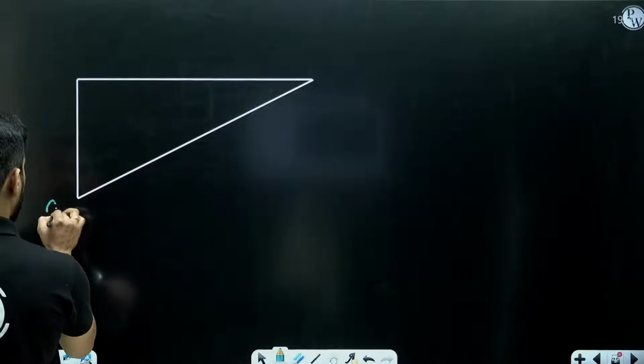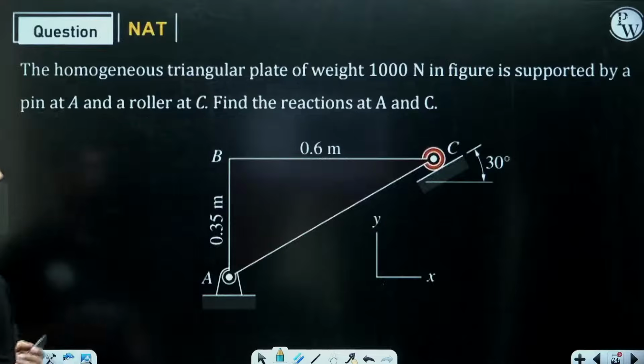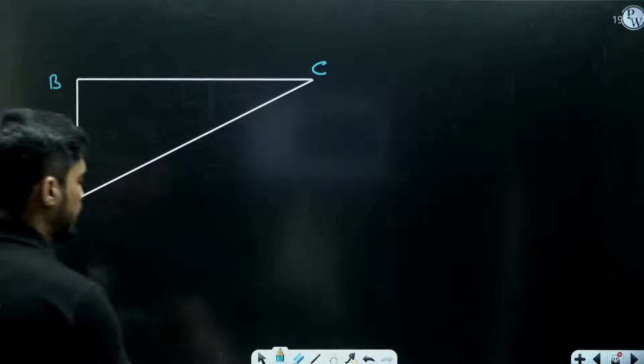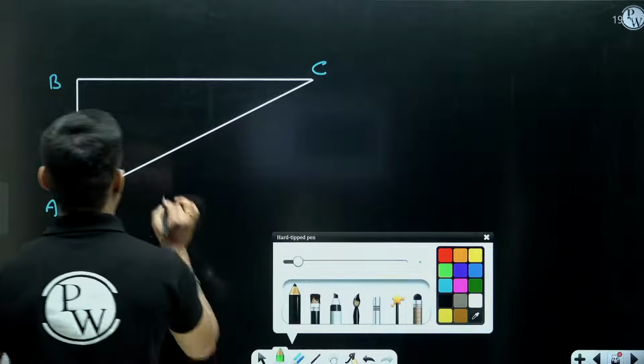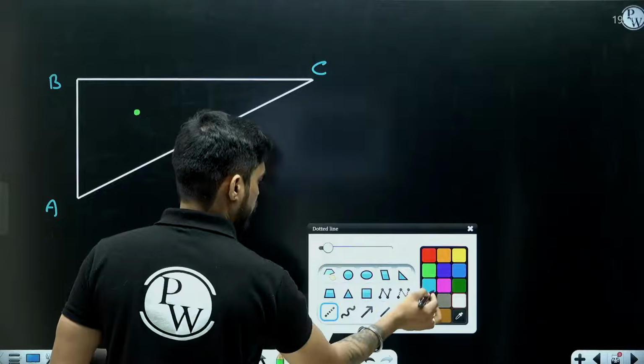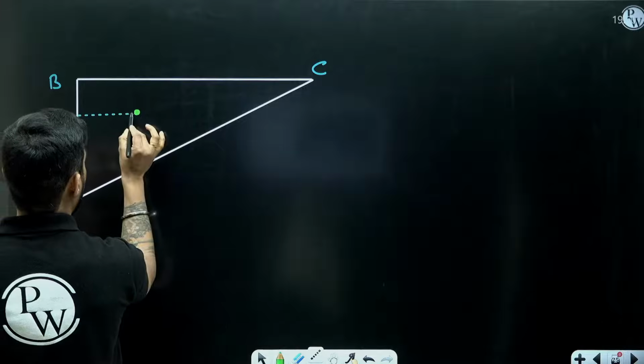This is A, this is B, this is C. Now, where will be the centroid of the triangular plate? The centroid of the triangular plate will be somewhere here, okay? L by 3 from here and 2L by 3 from here.